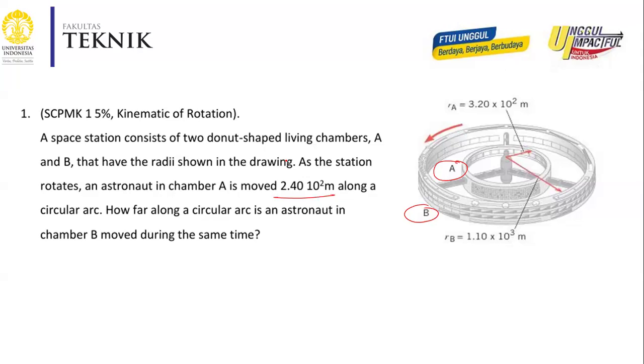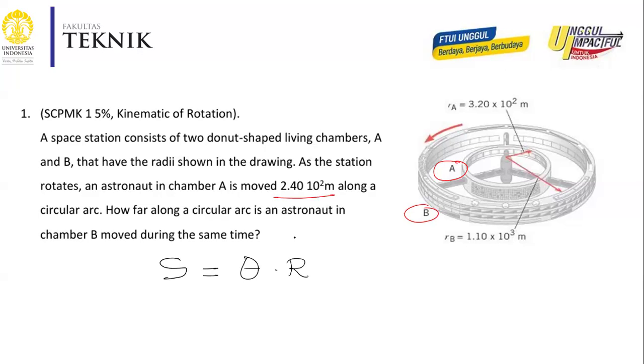Okay. So we need to use the comparison of S and theta, right? Remember that S, the distance, is equal to theta times R. S is the distance, theta is the angle, and R is the radius.